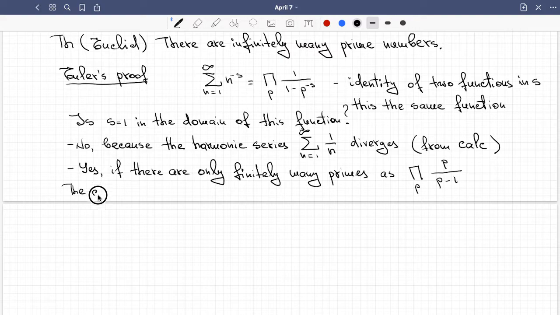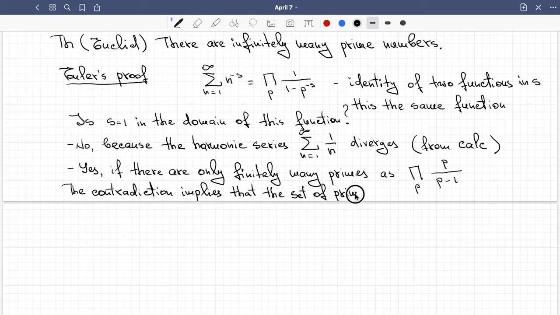The contradiction implies that this set of primes is infinite.